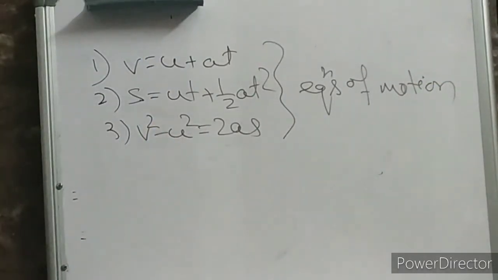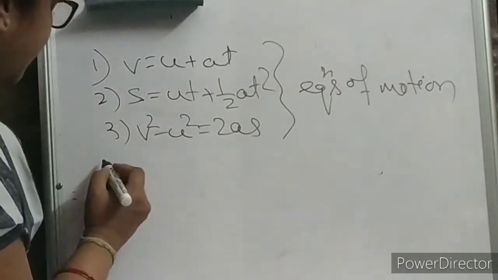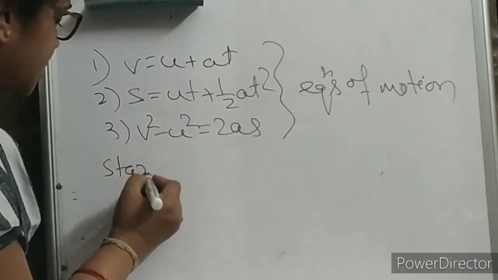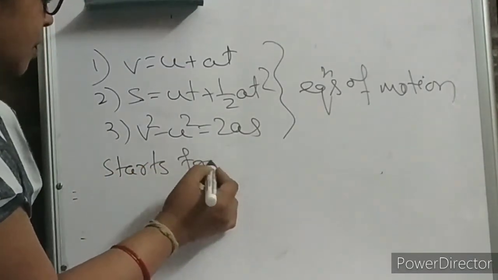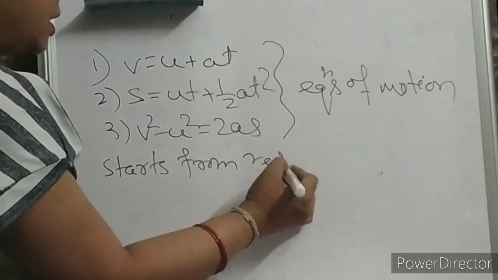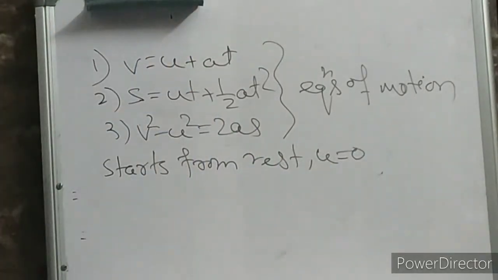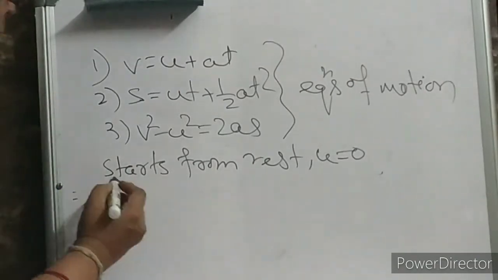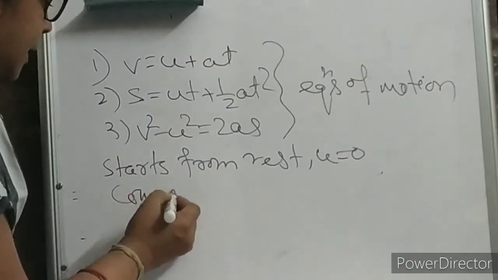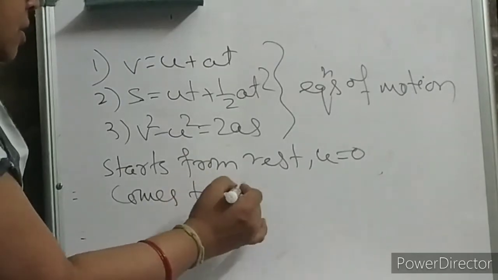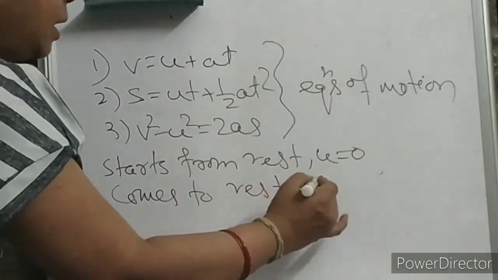And one more thing you must remember. If a body starts from rest, then the initial velocity will be 0. And if a body finally comes to rest, then V will be 0.